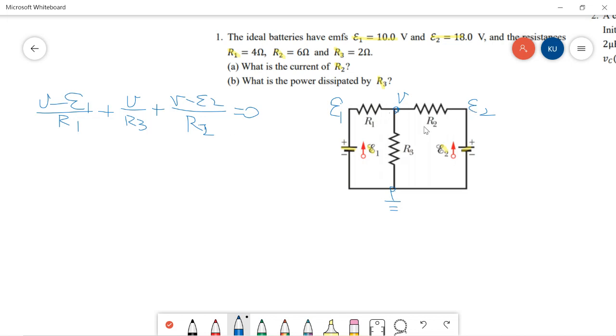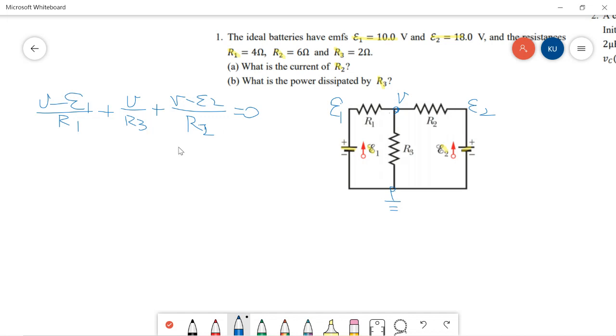I've mentioned that you don't really need to think too much about what the direction of the current is on each path. I usually assume all the current flowing outside, and then I just calculate the current of each path, and we add them together, which is equal to 0.